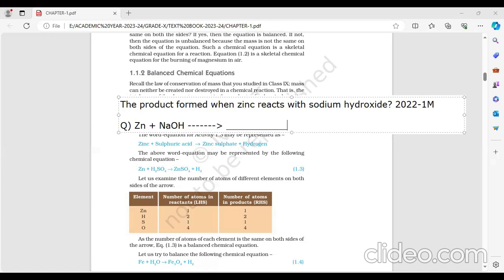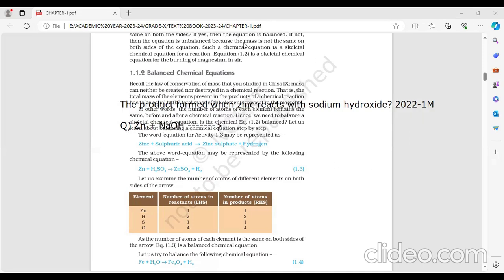The answer in this dash will be sodium zincate. So when zinc reacts with sodium hydroxide, we get sodium zincate, Na2. I'm using the mouse, so the handwriting is not that clear.